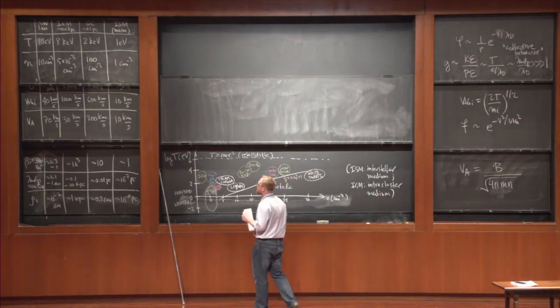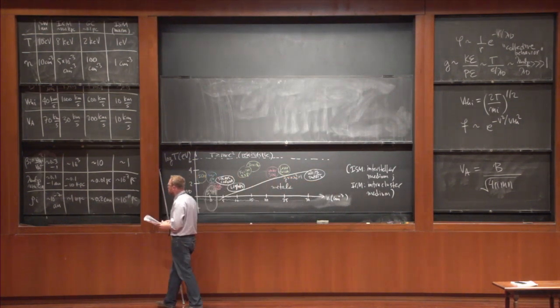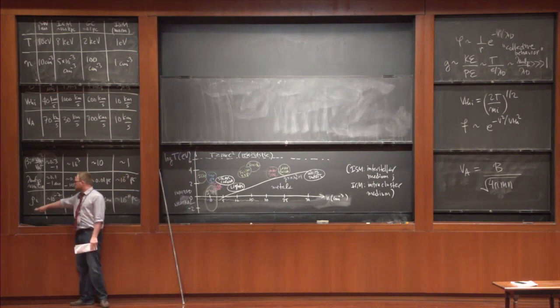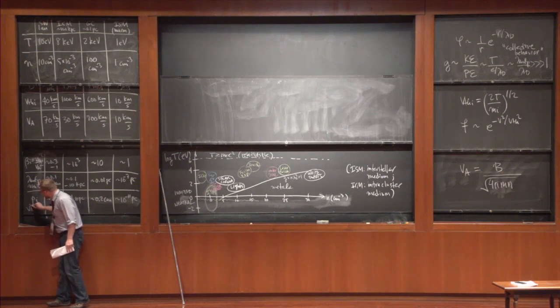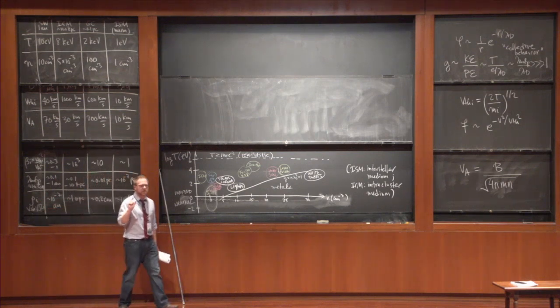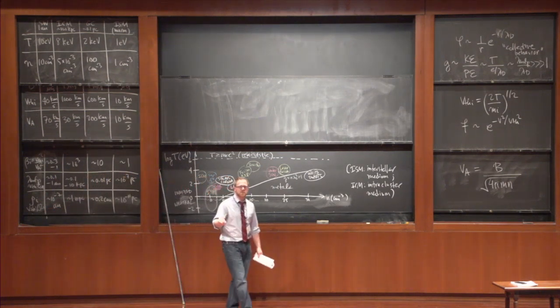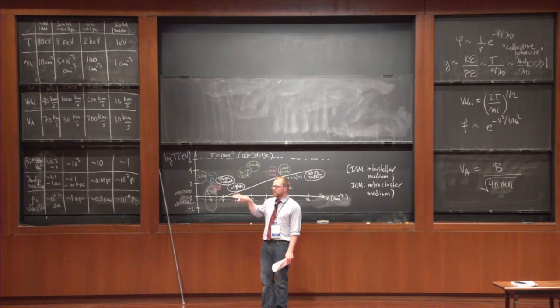All right. The last length scale that I'm going to talk about is what I'll denote rho I. So it's the thermal speed divided by the Larmor frequency, the gyro frequency of an ion.